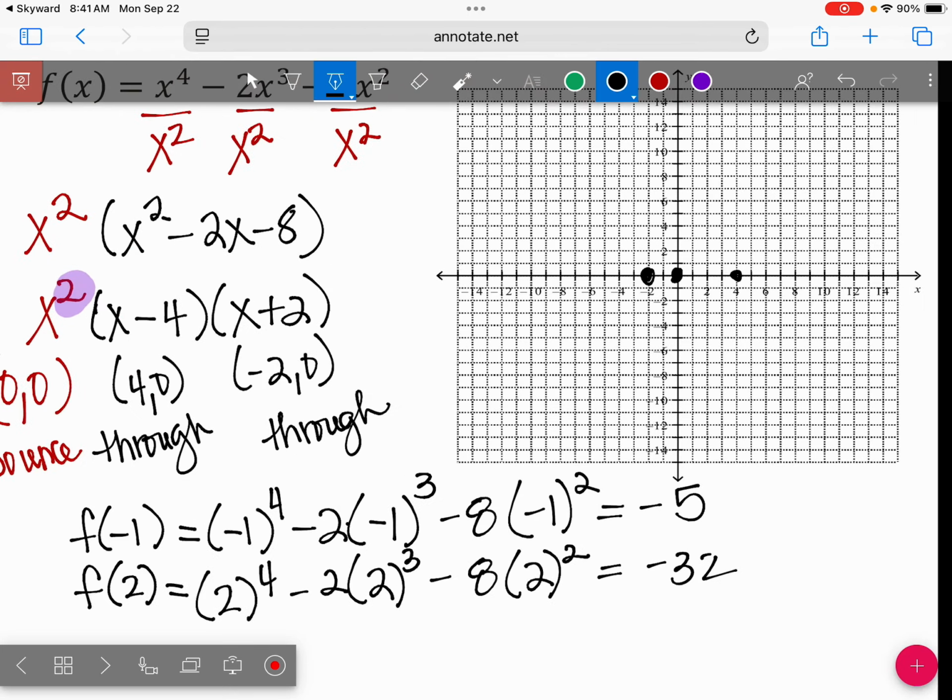So for the negative 1, negative 5, it just goes here. But for the 2, I just put it right on the outside of my grid. And then I label it to show that that point is negative 32.